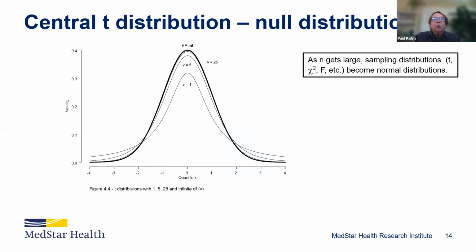The t distribution is dependent on sample size, and it depends on a quantity we call degrees of freedom, which is based on the sample size. But as the sample size gets large, all of these sampling distributions, the t, the chi-square, the f, et cetera, tend to become a normal distribution, which is represented here by the thicker line where we have an infinite number of degrees of freedom, or an infinite sample size.